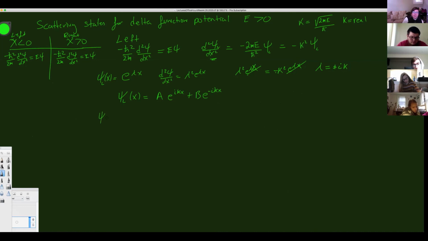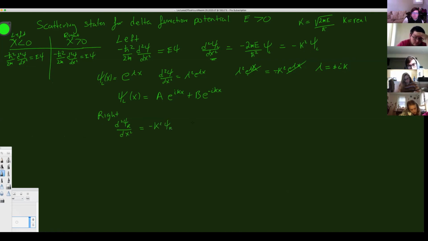Let's do psi right. Again, we have exactly the same equation for psi right. I'll write it down again just to be clear. On the right, d squared psi right dx squared is equal to minus k squared psi right.